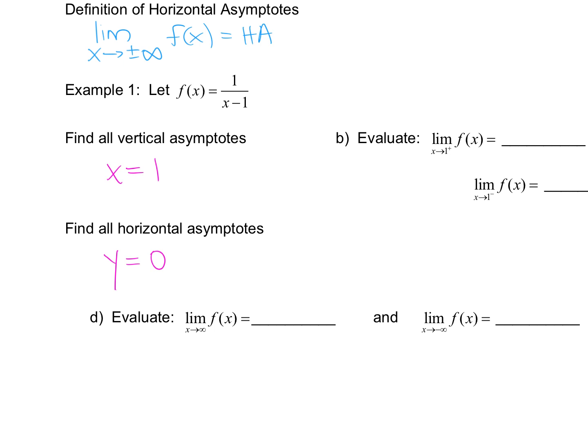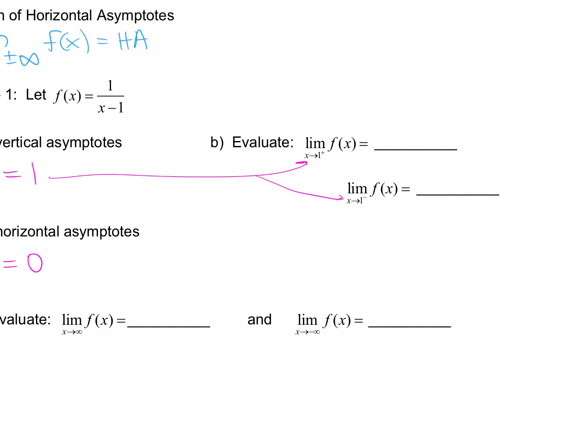Yes? Okay. So then there are some limits on this one that are going to have very, very easy answers. Because I can picture it in my head, and I know what that rational odd function looks like, and I know x equals 1 is a vertical asymptote, I can answer these two limits without actually graphing it. Think about what that would look like. If we approached 1 from the right, which direction would our asymptote be taking us?